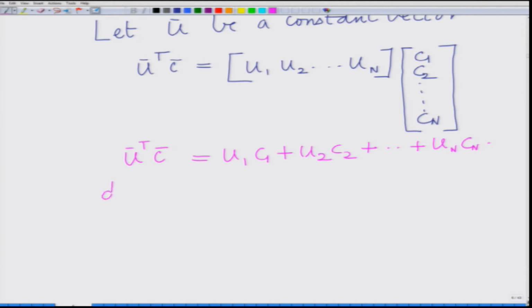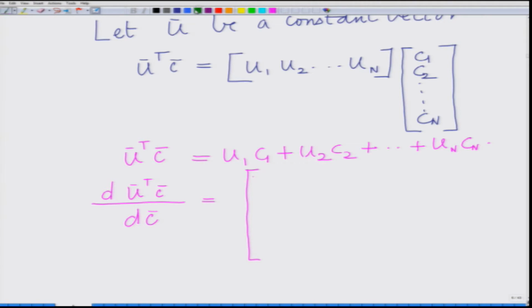Hence, consider the derivative of this quantity, u bar transpose C bar, with respect to the vector C bar.